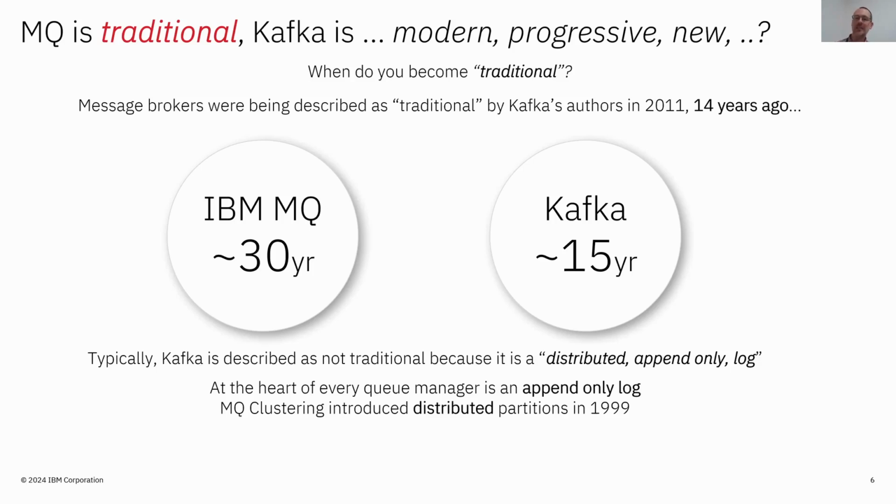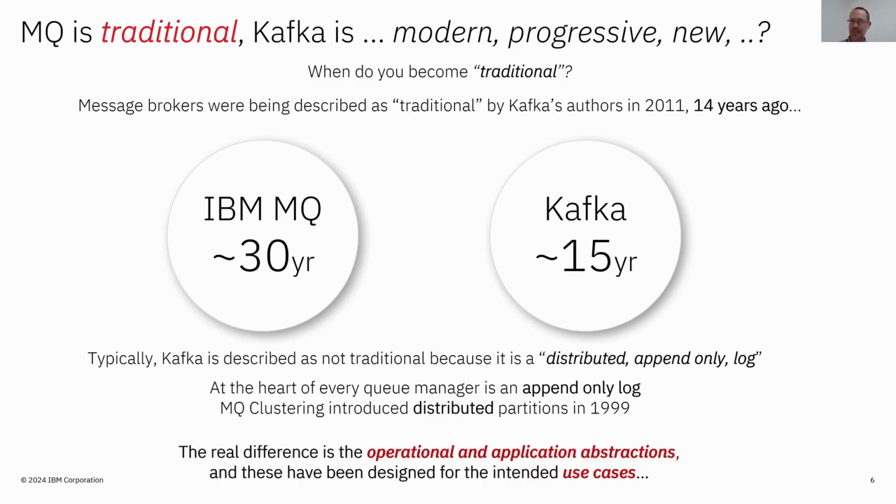So a key difference between these things is not whether one's traditional and one's new. It's what are the operational and application abstractions that underpin these technologies and how they're exposed to applications, and then what is the best way to exploit those abstractions based on the use case you're trying to solve.